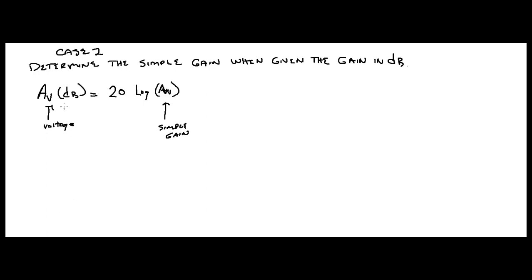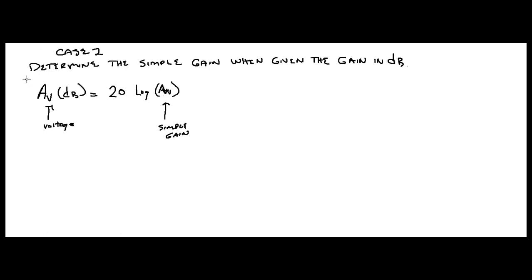So, remember, this side of the equation is your gain, but it's in decibels. That's the difference. This gain is your simple gain, all right? It's what we talked about earlier. It's your output over your input, right? And 20 is your multiplication factor. Or if we're talking about power, this would be 10, right?